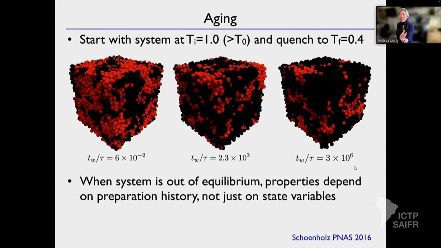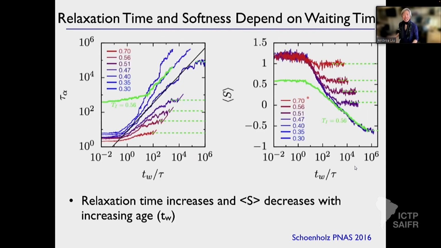The average softness is decreasing. It's getting blacker and blacker as you wait. So the structure is changing. And the cool thing is that these are a bunch of different quenches. As you wait, the relaxation time increases, as I said, and the softness decreases.